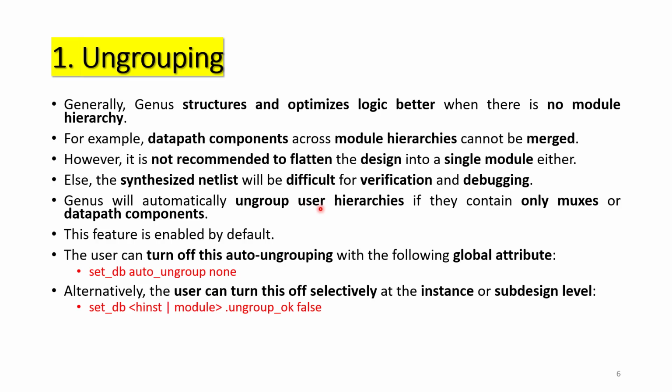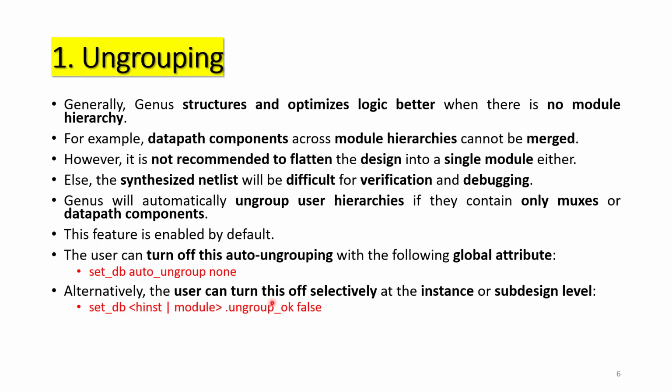Genus will automatically ungroup user hierarchies if they contain only muxes or data path components. This feature is enabled by default. The user can turn off this auto ungrouping with the following global attribute. This is the command that you need to use: set_db auto_ungroup none.